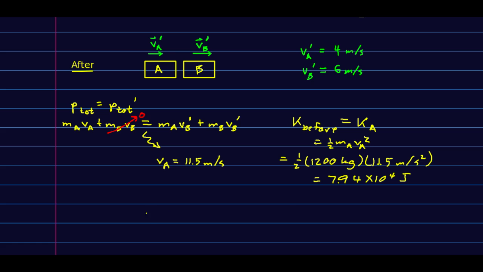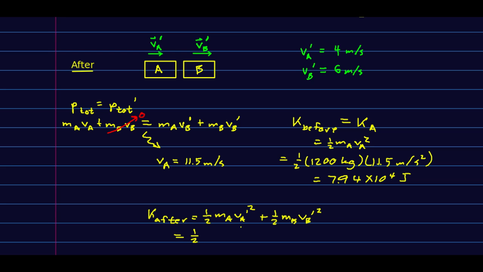Now, on the other hand, if you look at the kinetic energy after, that's going to be a half m_A v_A prime squared plus a half m_B v_B prime squared.